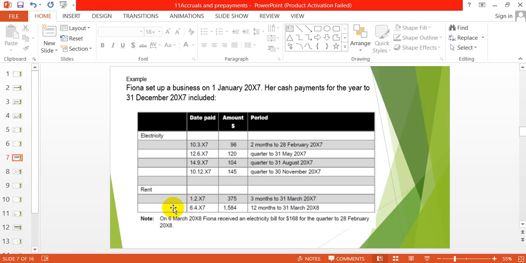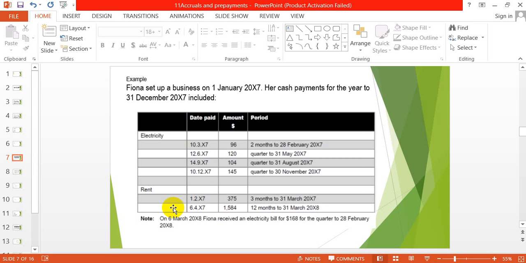But in April we paid $1,584, but this $1,584 was for 12 months up to March x8. 12 months plus 3 months gives us 15 months.